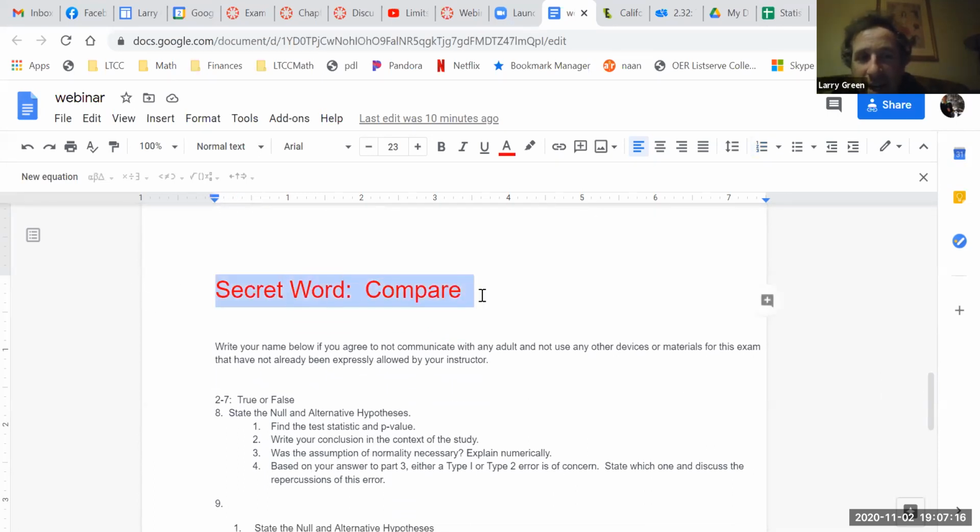The secret word of the day, of the week, is compare. It's compare because what this particular chapter is all about is comparing two proportions or comparing two means. So the secret word is compare.